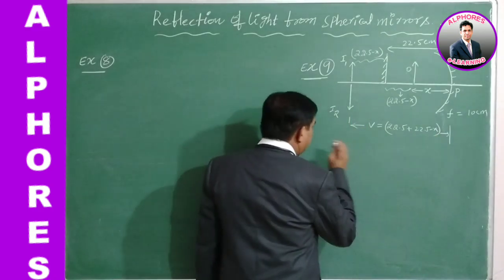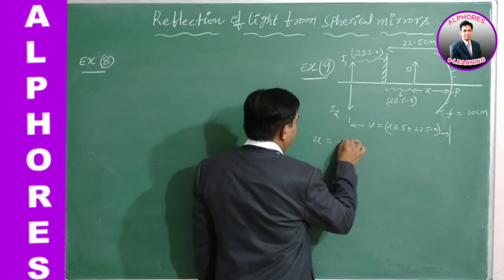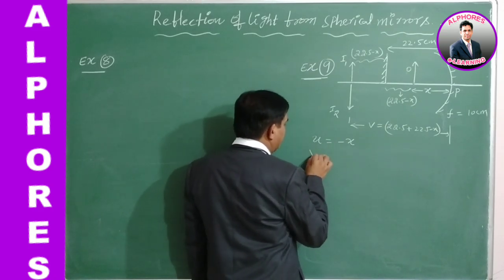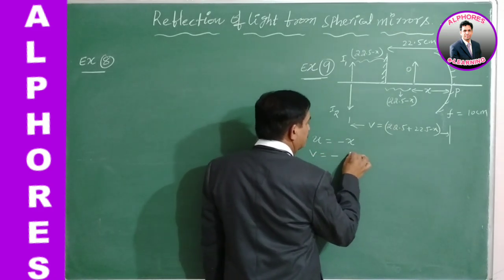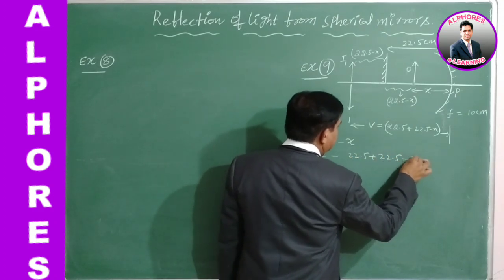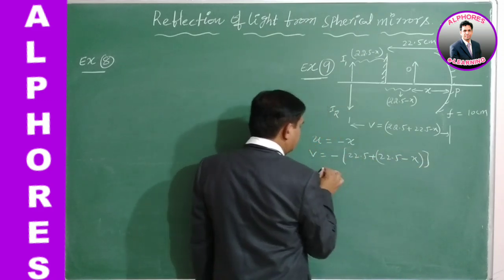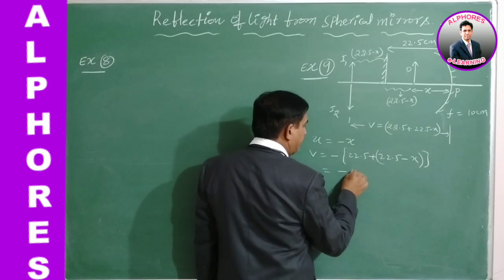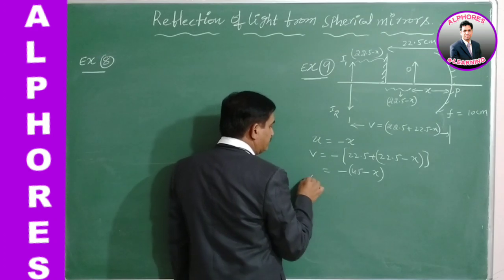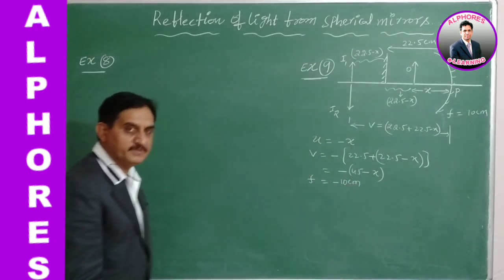Okay, so let us write all these quantities. Distance of the object is minus x, with sign convention. Distance of the image is minus 22.5 plus 22.5 minus x, so after simplifying, minus 45 minus x, and the focal length is given as minus 10 centimeters because it is a concave mirror.